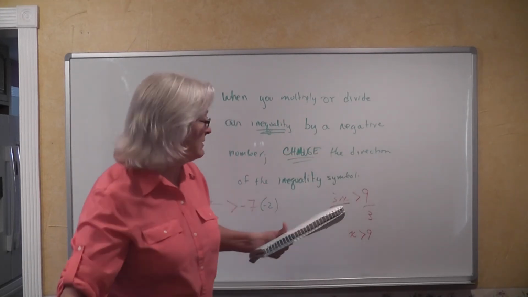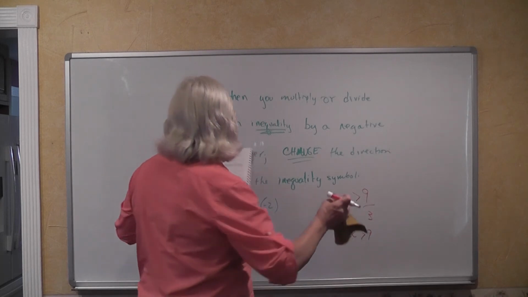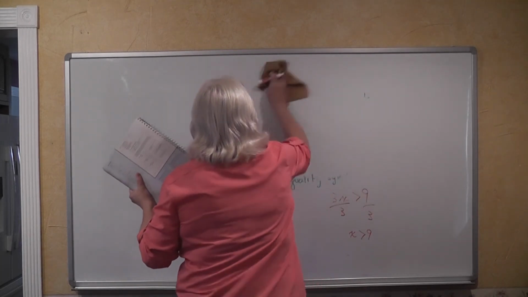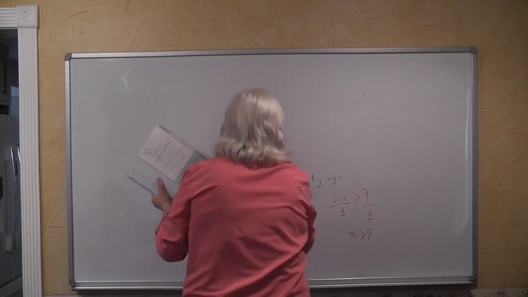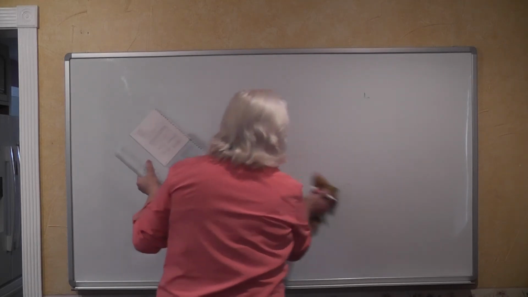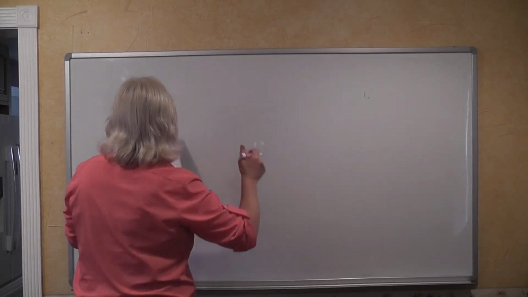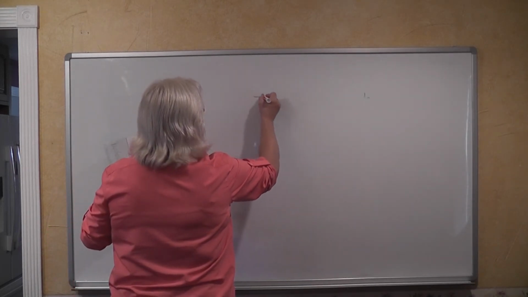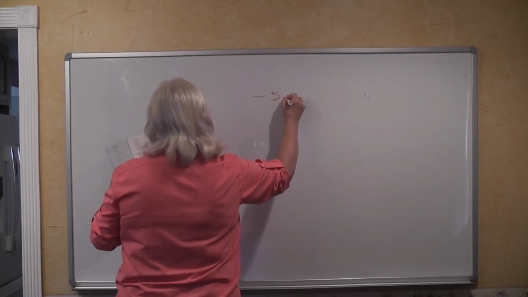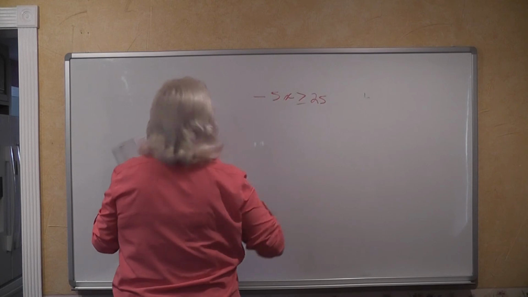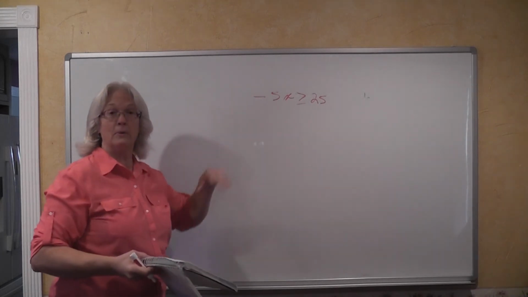So let me do this final example here. It says negative 5x is greater than or equal to 25. And you can already tell me, probably even before I get this board erased and the problem written, what the solution is going to be. We have negative 5x greater than or equal to 25. We multiplied by negative 5.